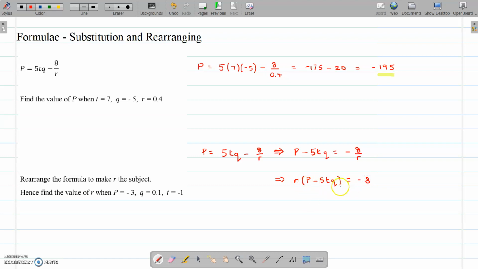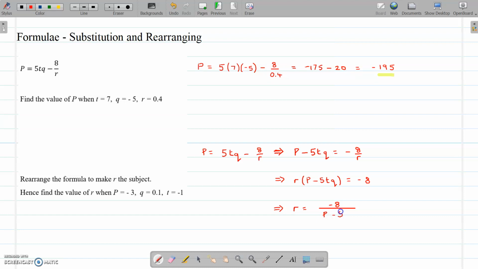But I don't want r times anything, I just want r on its own. So my final step is that r equals minus 8 over this part here. And this part here is P minus 5tq.